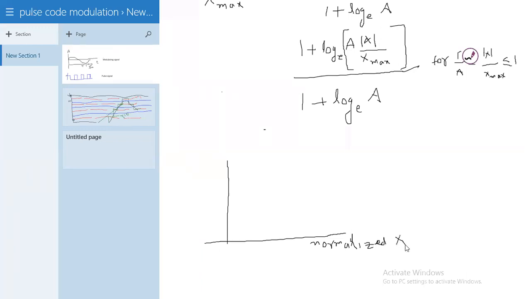X is the input signal, the normalized input, and the output is, let us assume, z of x, the normalized output. That means the output of the compressor. The characteristics are like this. Listen to me.